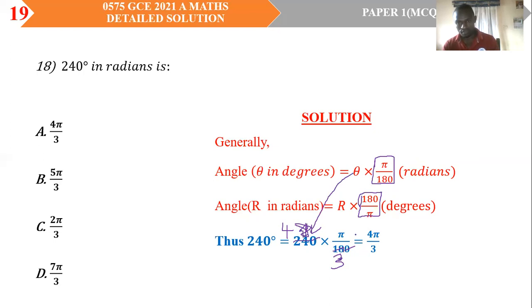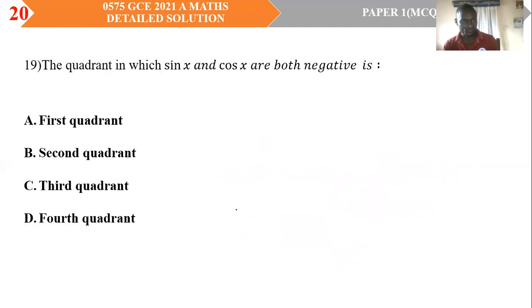So the answer now is 4 times pi, which is 4 pi, and the denominator is 3. So the answer is 4 pi over 3, which gives A. We move to question 19.